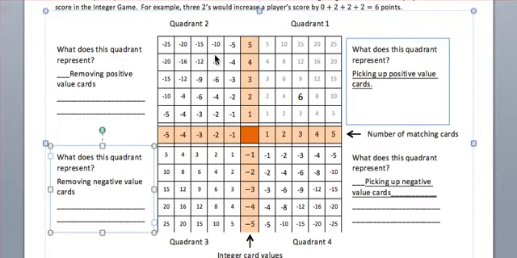The relationships or patterns that you should notice between the products in quadrant 2 and the products in quadrant 4 are that the products in both quadrant 2 and 4 are all negative. And each product of integers in quadrant 2 is equal to the product of their opposites in quadrant 4. So for example, 1 times -1 is -1, which is the same in quadrant 4.